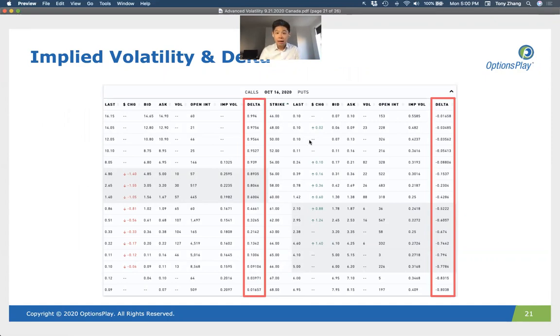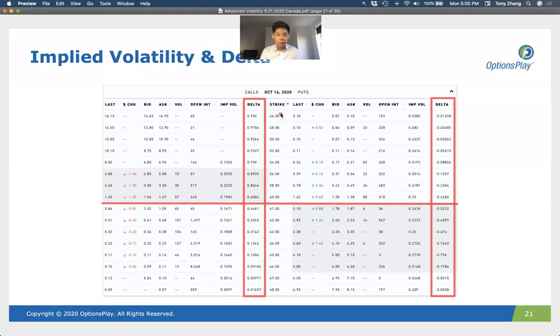And what this allows us to do is to not only calculate the one standard deviation, it allows us to calculate the probabilities of every single strike price. So if the stock price is somewhere in between $60 and $61 currently, what if I just want to know the probability of the 56 strike being in the money or out of the money, or the 64 strike being in or out of the money? That's what delta allows us to do.